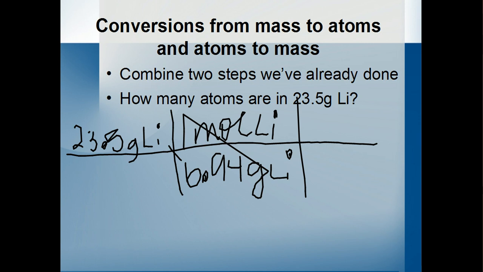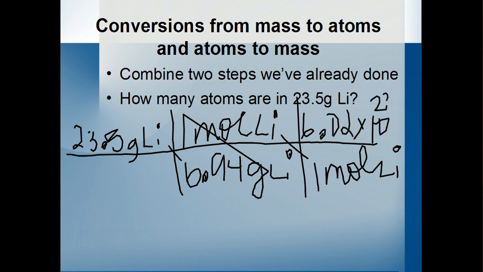Once I get to moles, this is a 2-step problem. I can find anything. I can find atoms. So I know moles goes here, and 1 mole of lithium, 1 mole of anything really, is 6.02 times 10 to the 23rd atoms of lithium. Excuse me, I'm running out of screen space. I was writing too big.